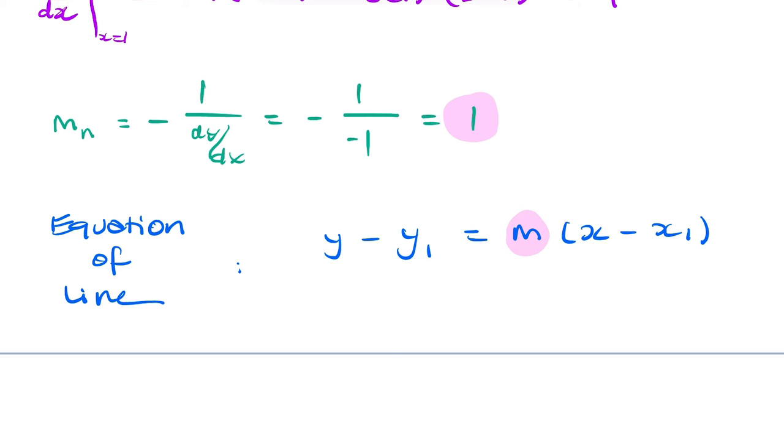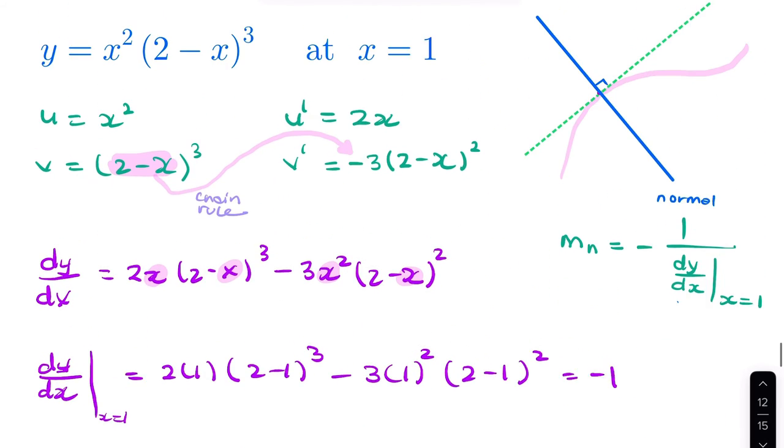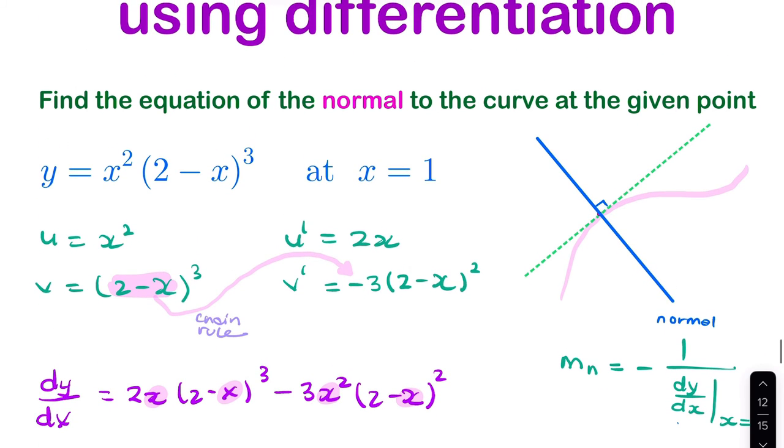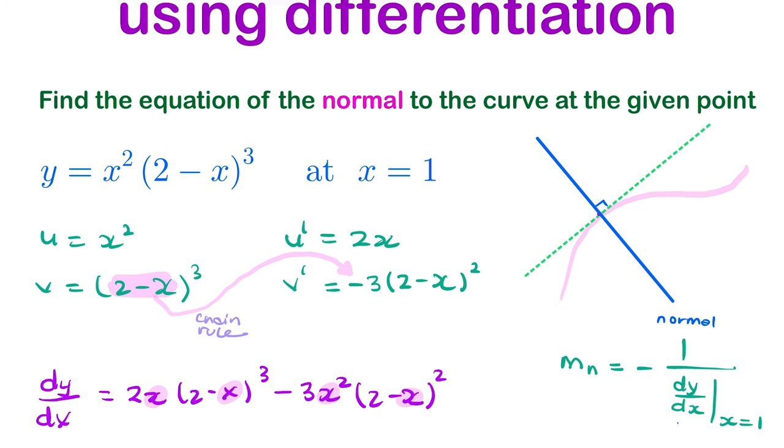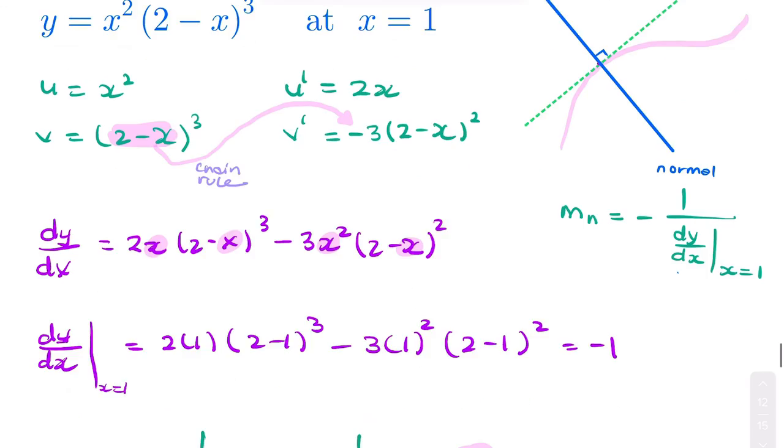m is what we just found. It's the gradient of the normal. x1 is given in the question as 1. y1 isn't given, but we can find it because if this is our curve and we know the equation of the curve, we can simply substitute 1 in there to find our value for y.